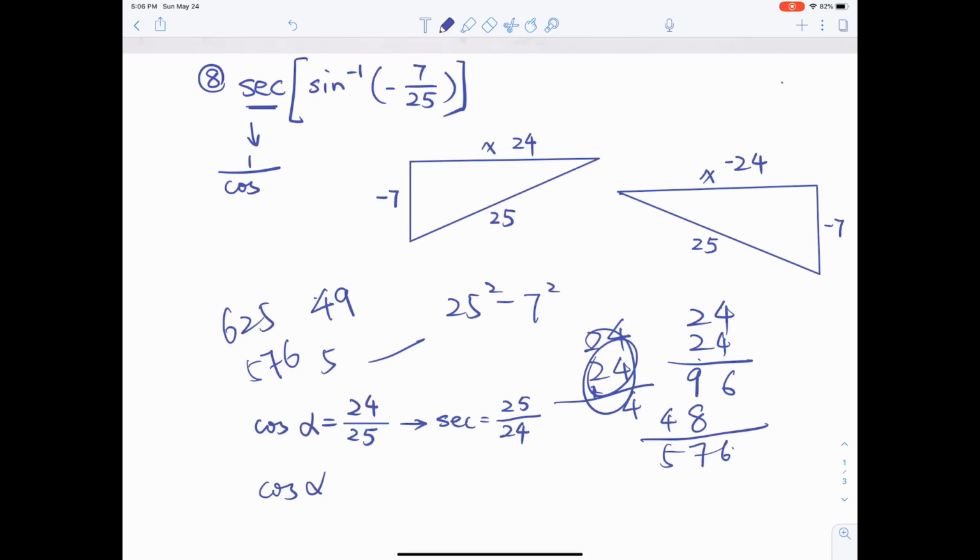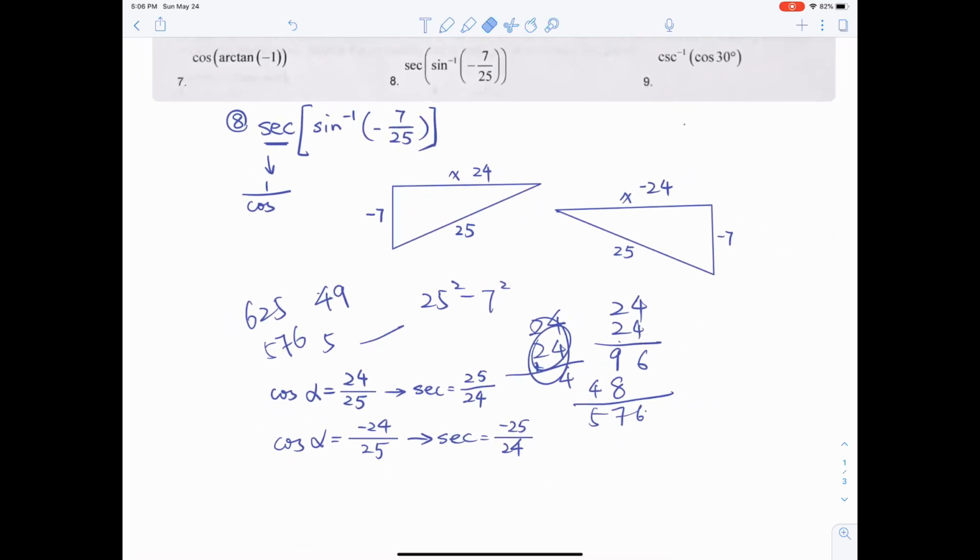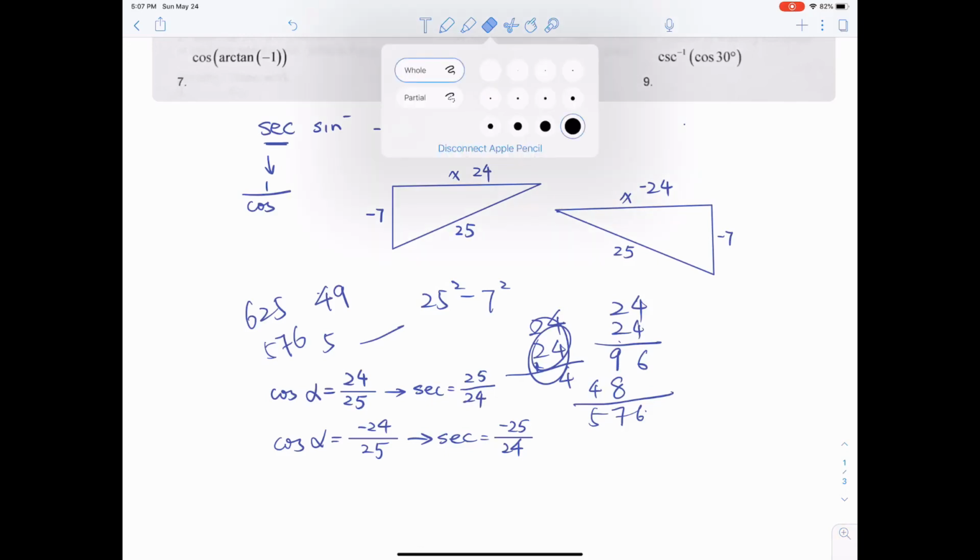Cosine alpha can also be -24 over 25, so secant can be -25 over 24. So there are two solutions if there is no domain and range restriction. Make sense?